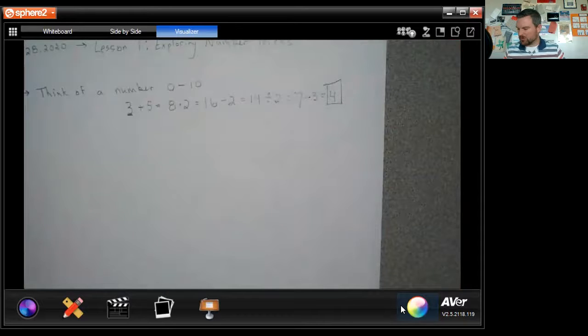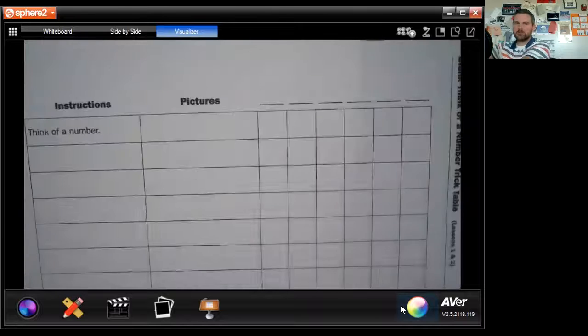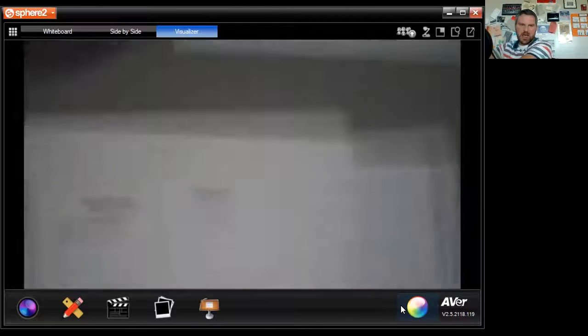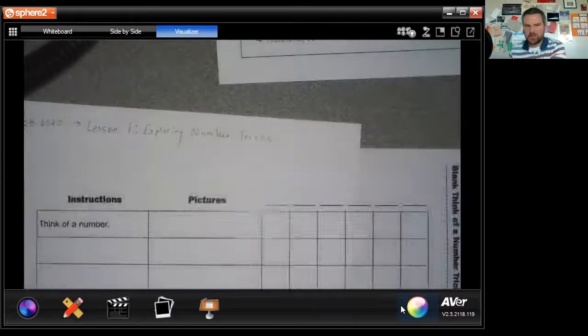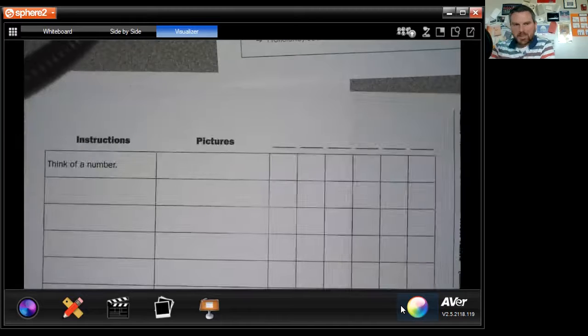Okay, and how we're going to do that is we're going to walk through this diagram here and kind of outline what this looks like if I were to just draw a picture. Okay, so the first thing that we did was think of a number. Now, you can use anything to represent that number.